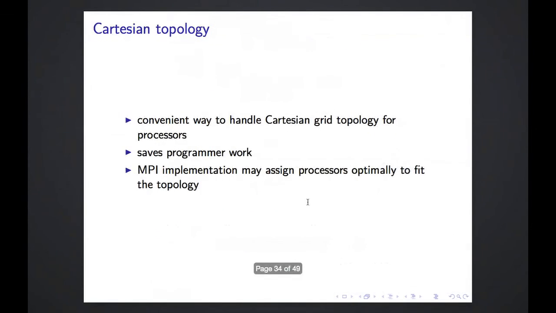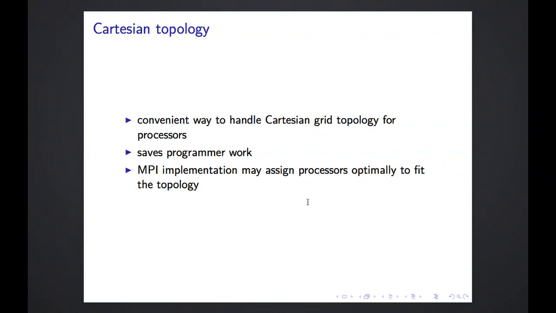Okay. So this is how you make new communicators, but even this is a little bit tedious. So could one make it even simpler? In particular, what if you are working with some very standard things like Cartesian grid topologies?